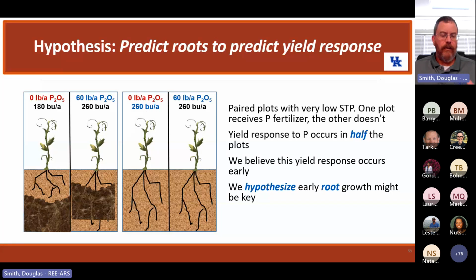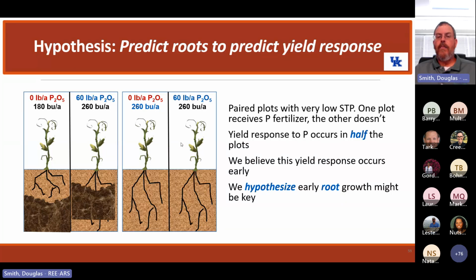So we've kind of developed this concept. The 2 cartoons here on the left, here you can see there's no phosphorus applied and you get 180 bushels of yield. You add phosphorus, you get 260 bushels yield. Those roots are not able to fully extrapolate the phosphorus in the soil because there's some limiting barrier. So there's some root issue that makes the plant more responsive to the fertilizer.